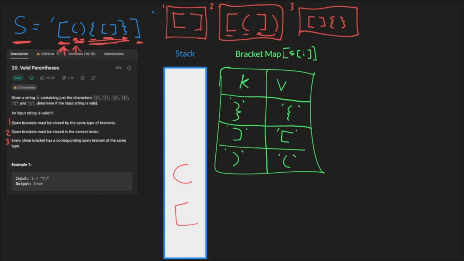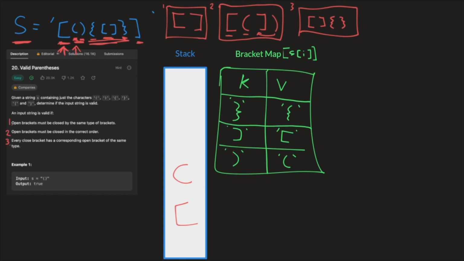And if we pass in a closing bracket, a closing bracket would be like this third element here in the string, or this fourth or sixth element here in the string, or eighth element. What it's going to do is, let's take this third element right here, this closing parentheses.